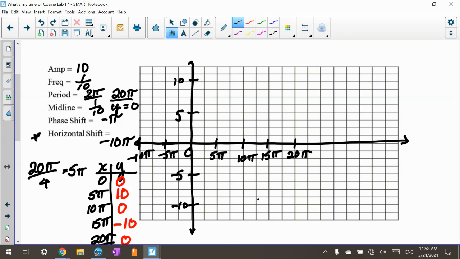Okay, so now I'm going to use the yellow to graph the graph that is not really our graph. So I got 0, 0. 5 pi is 10, back to 0, down to -10, back up to 0. So here's our graph before the shift. Now I'm going to shift it to the left, and I'm just going to copy those points.